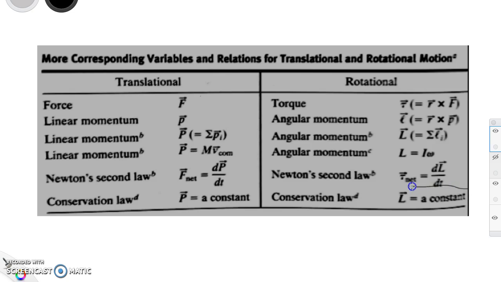This is probably one of the most powerful concepts that we're going to talk about this whole year. I mentioned this earlier, it's hard for us to really grasp how significant this is and how powerful angular momentum and the conservation of angular momentum is. But as we explore it, hopefully you can start to get an idea about that. The next couple videos will be about the conservation of angular momentum.